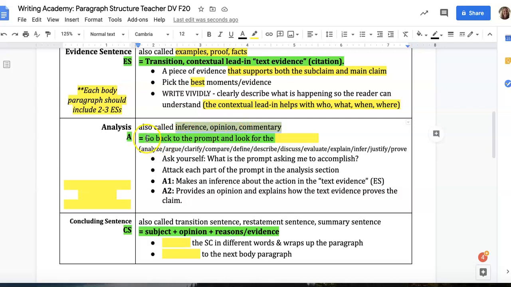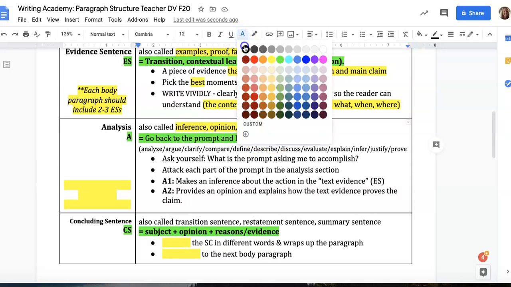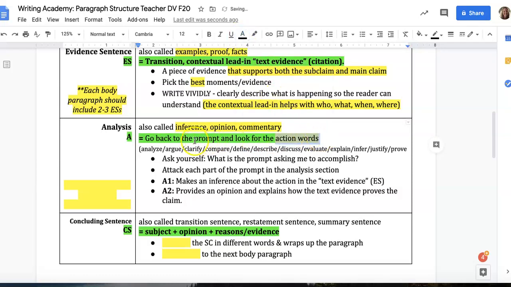And whenever you need to figure out what kind of inference or opinion is being required in analysis, you've got to go back to the prompt, whatever prompt you've been given, and you have to look for the action words. Okay? What that means is, if the prompt is telling you to analyze something, then that's what you should be doing in your analysis.